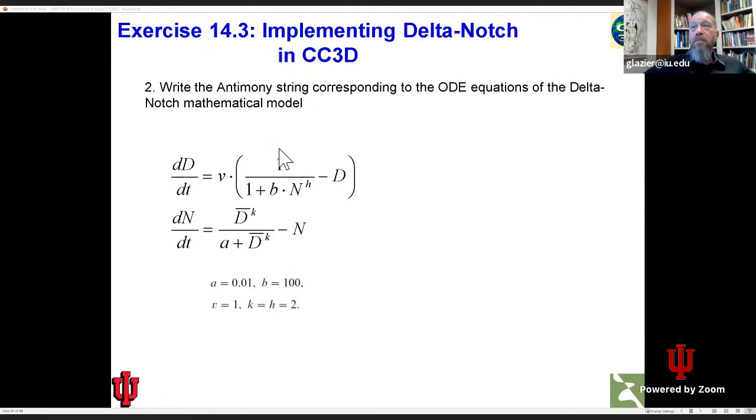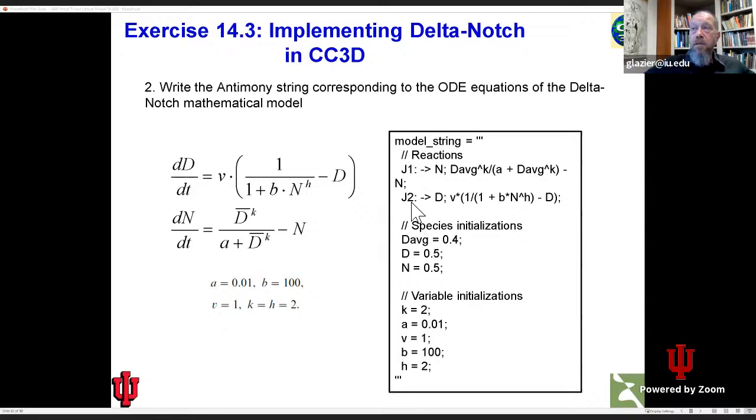I'm now going to write the Antimony model corresponding to my two equations. Here's what it's going to look like.